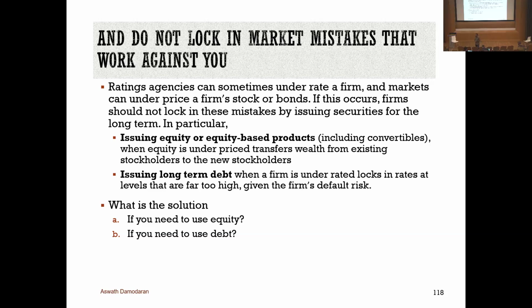So what should you do? You might use bridge financing. Bridge financing is short-term financing, and then during that period, you're going to go to the ratings agency and try to convince them that they've underrated you. It might not work, but if you're underrated, you don't want to lock in that mistake by going out and issuing long-term bonds today.